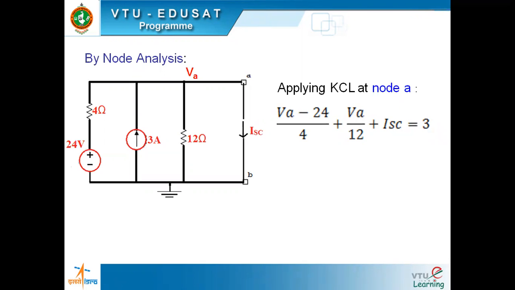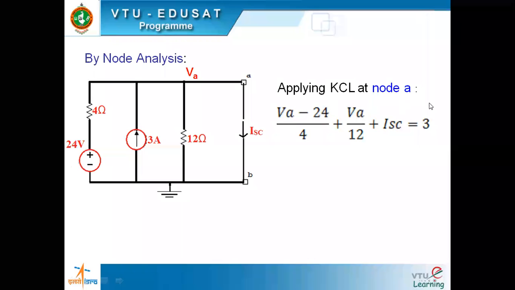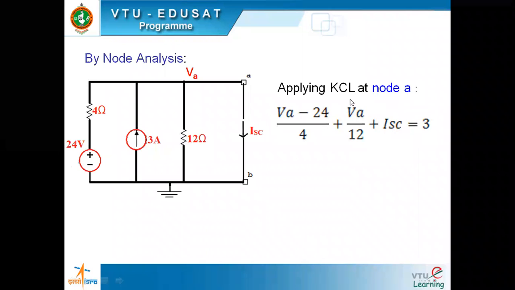Okay. Now, what is not good here? What is the intention? Intention is to find out ISC. But we have two unknowns here. VA is an unknown, ISC is an unknown, and how many equations do we have?